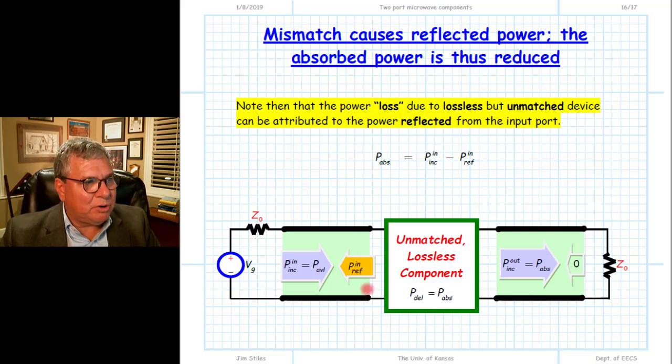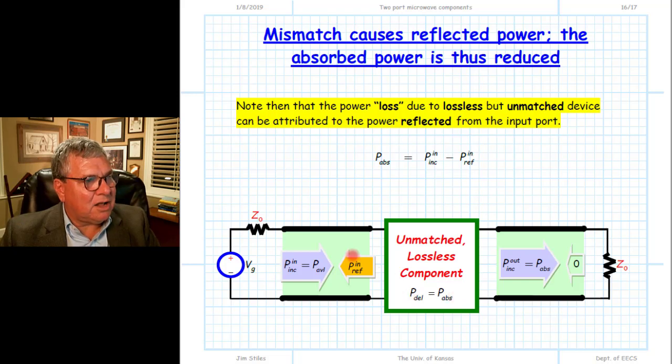If the input impedance is not precisely equal to Z0, then we have some reflected power. The difference between the incident and reflected power is the net power, and thus the power absorbed. You can see the power absorbed is less than the available power if that reflected power is non-zero. And that will happen if we have an unmatched lossless component.